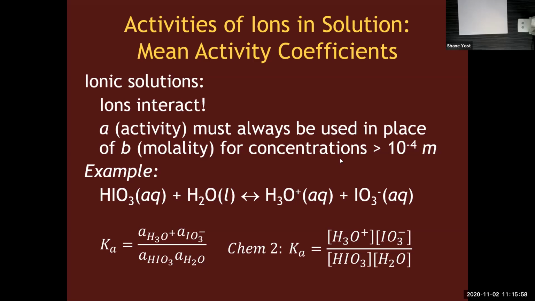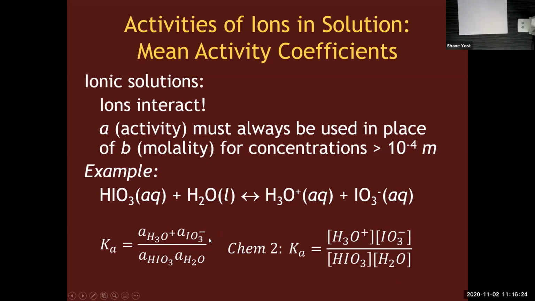So if I wanted to calculate, for this weak acid equilibrium, what the Ka was, we wouldn't include H2O here, since the concentration or activity of H2O wouldn't necessarily be included. But I'd want to use the activities of these ions instead of just the concentration.